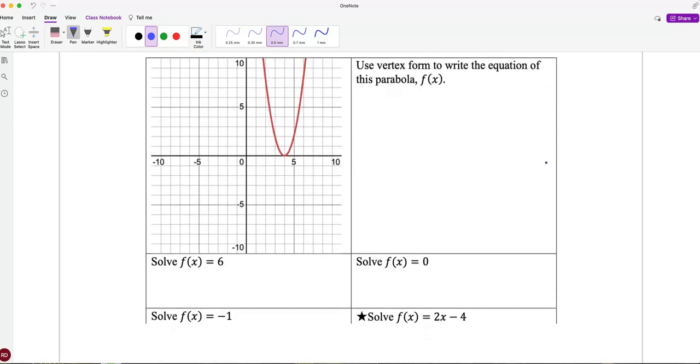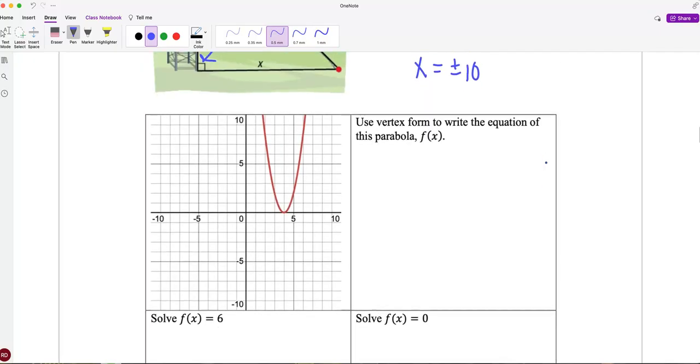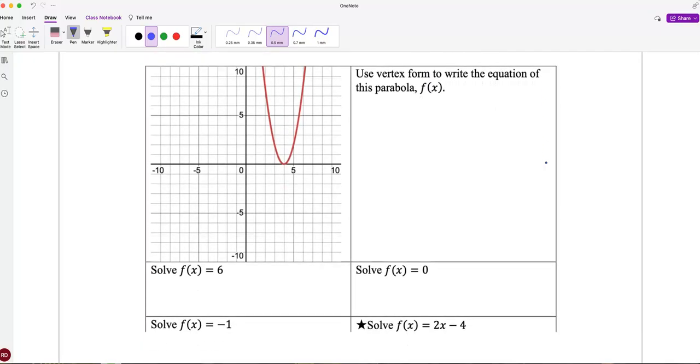Use vertex form to write the equation of this parabola. So in vertex form, the vertex is right there at (4, 0). So remember vertex form, a(x minus h) squared plus k. So f of x is equal to a(x minus 4) squared plus 0.